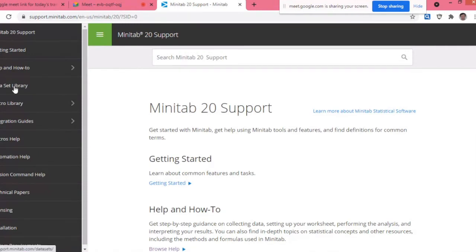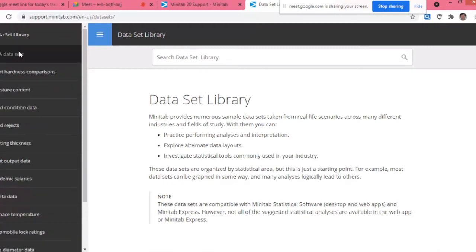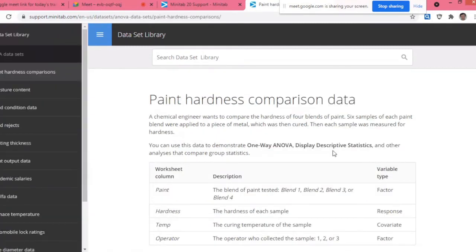Okay, carry on. So go to Data Set Library. Go to ANOVA Data Sets. And open the Paint Hardness Comparison data.